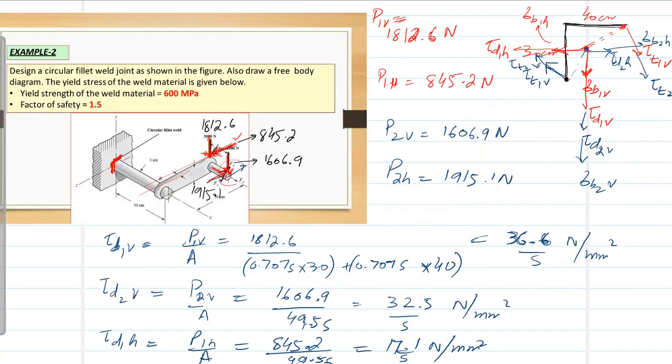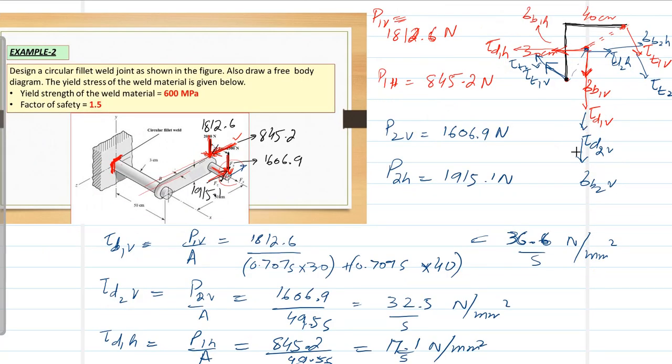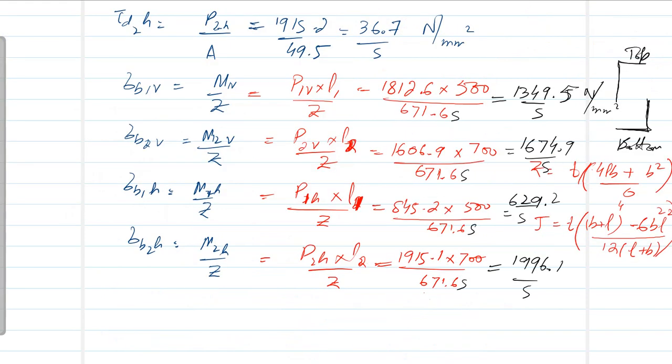Similarly, for sigma b, which is again both in downward directions, sigma b1b and sigma b2b. Sigma b1b is 1349.5 and sigma b2b is 1674.9, 3024.4.